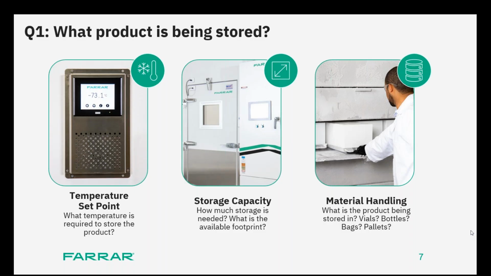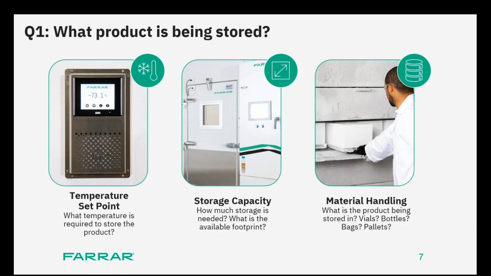That would be a relative humidity variance that might be seen in cold rooms or freezers. You can have a -80, maybe a freezer at -40 or -20, or a cold room 2 to 8 with a set point of 4 or 5.